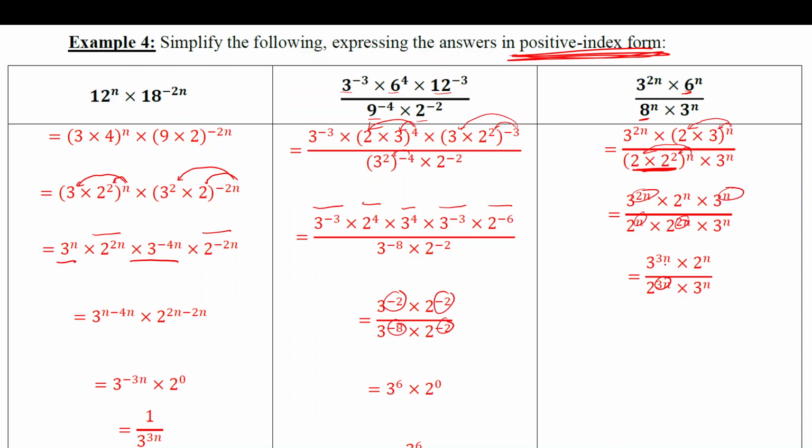So 3 to the 3n, take away n, gives us 3 to the 2n, and n take away 3n gives us negative 2n. We don't want negative powers, so we bring that down. And so now this will simplify down to 3 over 2 to the power of 2n.